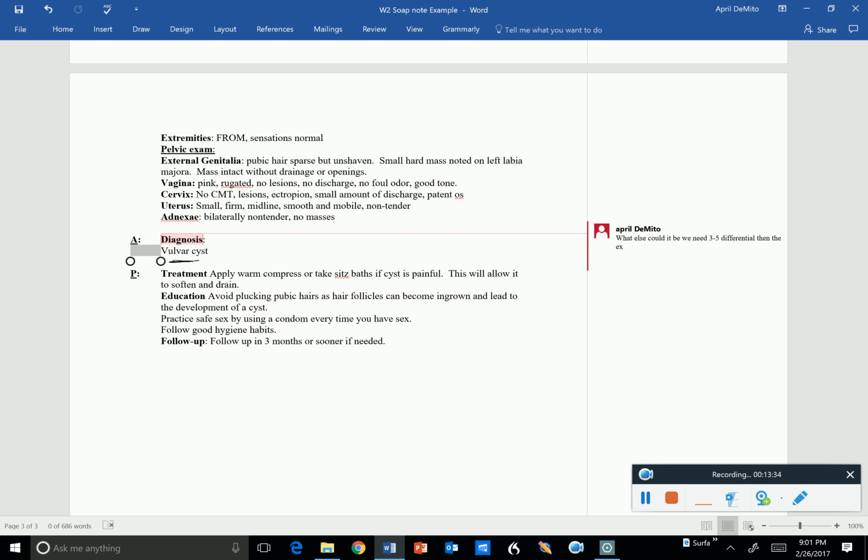Now we go to the P. What's the plan? What is the treatment? Now, if you are prescribing a medication of any kind, you have to write out that prescription. It's not enough to say Z-Pak ordered. No, no. You need to write it out. You would write azithromycin, instructed to take 2 tablets today and 1 tablet a day for the next 4 days, quantity 6 tablets.